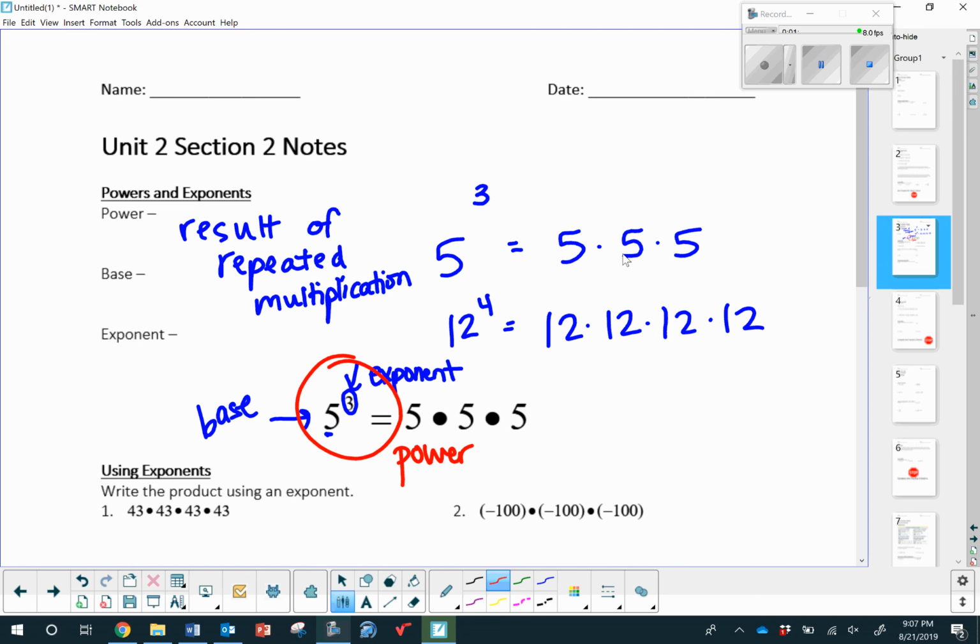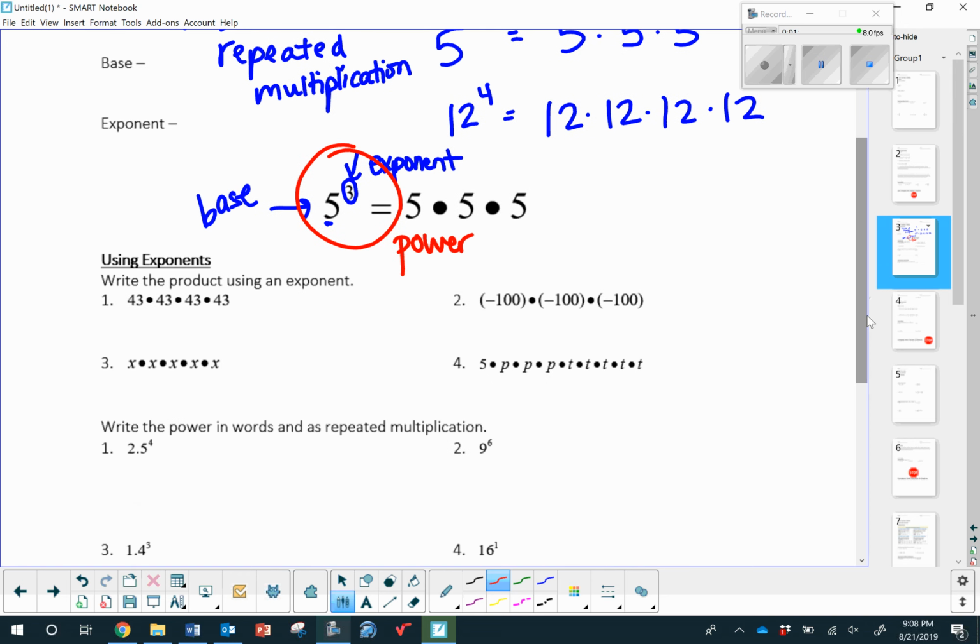All right, so let's go ahead and practice with a few problems. It says, using an exponent, write the product using an exponent. So we have 43 times 43 times 43 times 43. The number there is 43, so 43 is going to be our base. We also have 43 4 times, so then we know our exponent is 4.